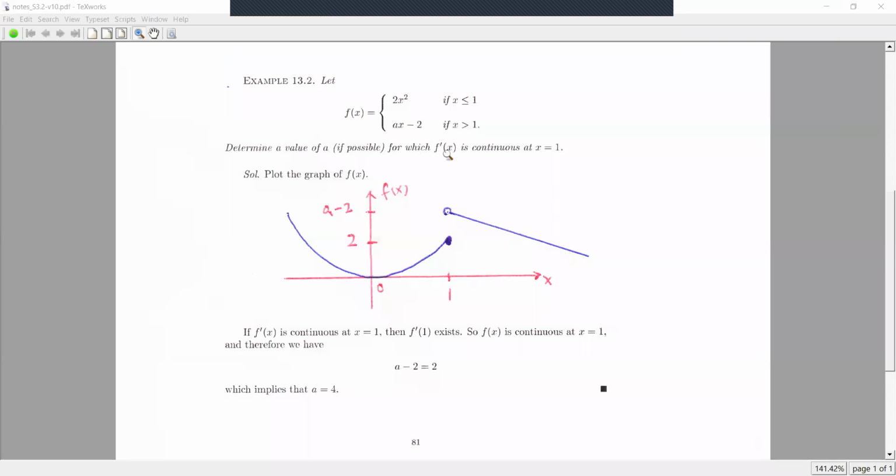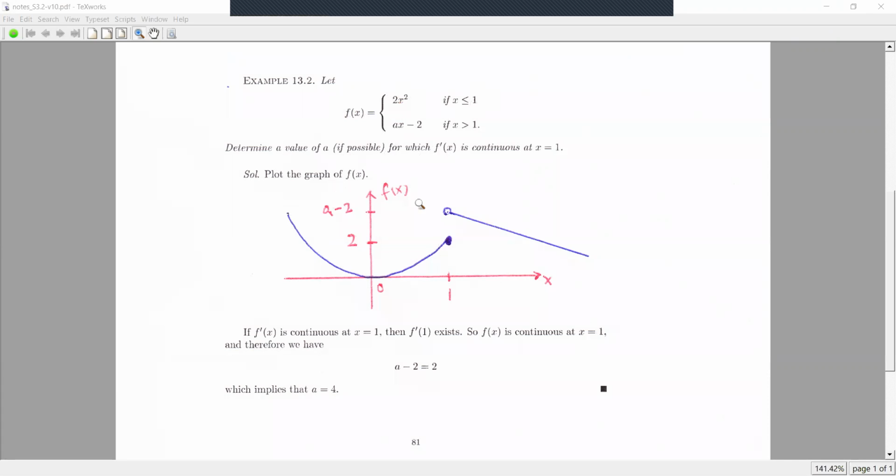To answer this question, I roughly, not accurately, plot the graph of function f. On the left side of the point 1, the graph of f is the graph of 2x squared. The graph of this function is this parabola.